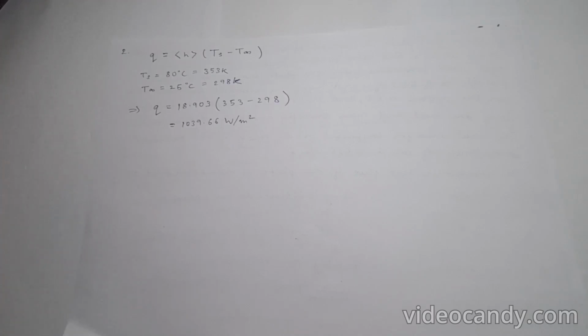T infinity, which is the bulk temperature of the air at infinity, given in the question as 25 degrees Celsius, we will take as 298 Kelvin.